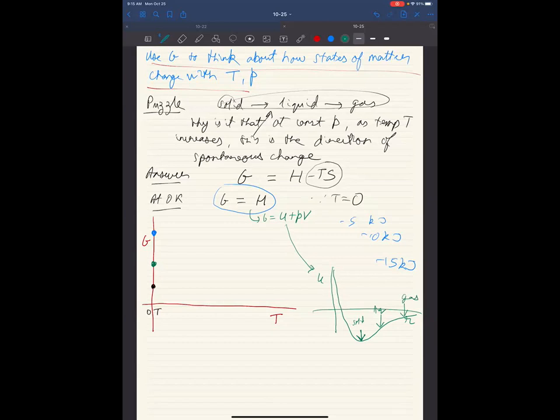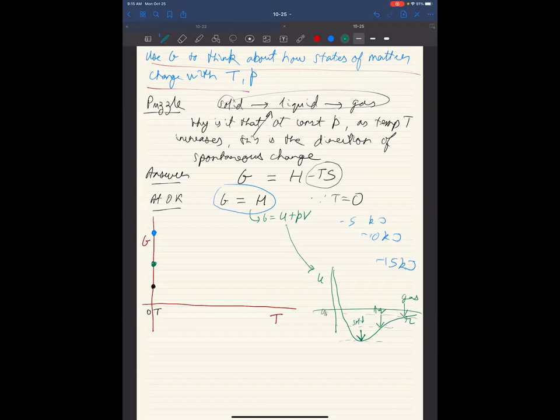Okay. So as per this, which one is going to have the highest internal energy on an average? Gas, right? Because you can see the solid has internal energy over here, liquid has internal energy over here, while gas has internal energy over here.